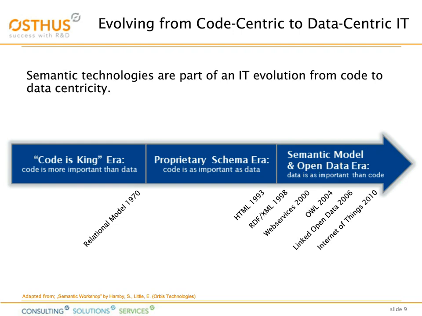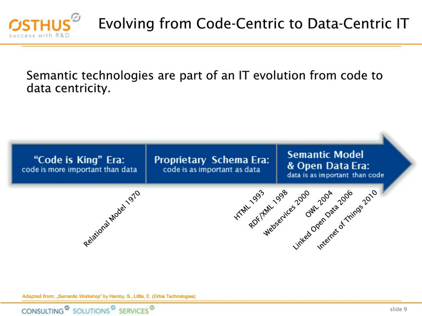And then with the development of the World Wide Web, with standards such as HTML, XML, and recently with the development of linked open data and the Internet of Things, where literally everything gets connected to the Internet, we are moving to a semantic model and open data era. So here data is even more important than code.